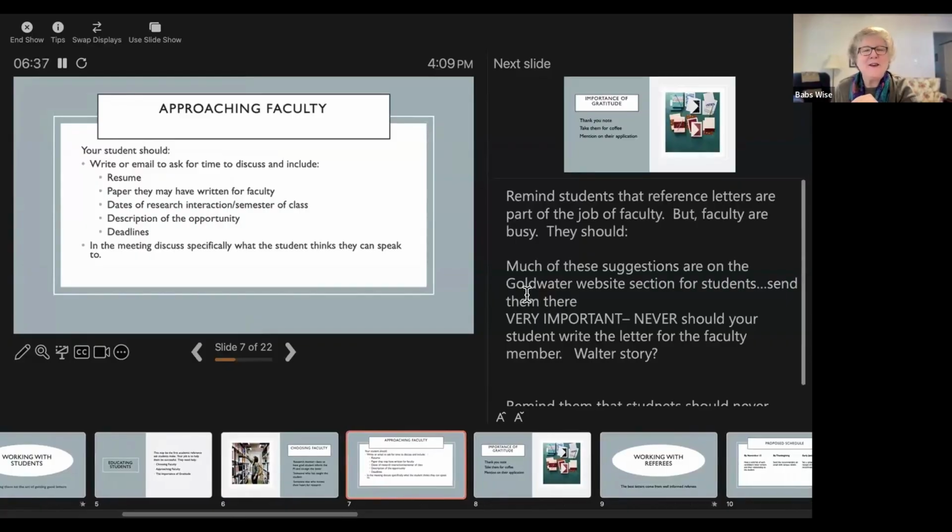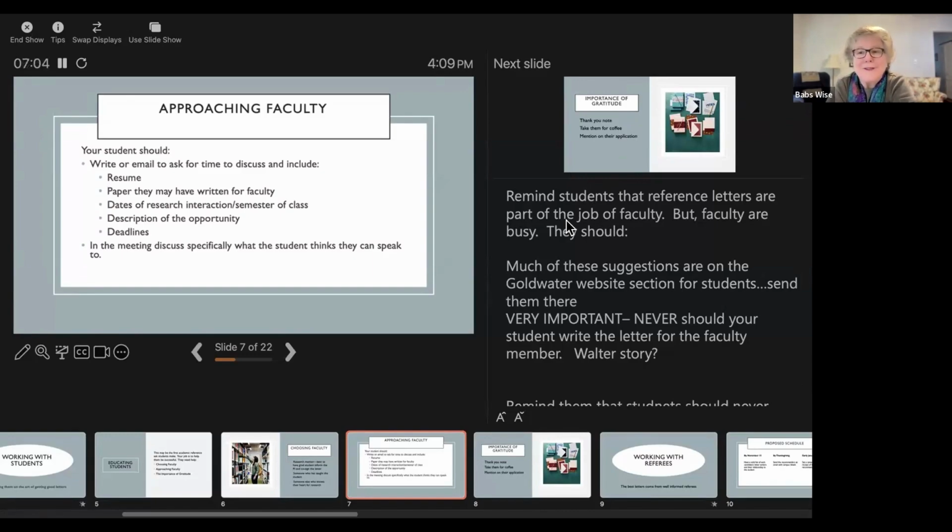Then, approaching faculty, I think for sophomores is particularly difficult. They haven't been there long. They've probably been in big courses, big lecture courses, and it's hard. But the first thing I do is say, hey guys, faculty expect that writing a letter is part of their job.